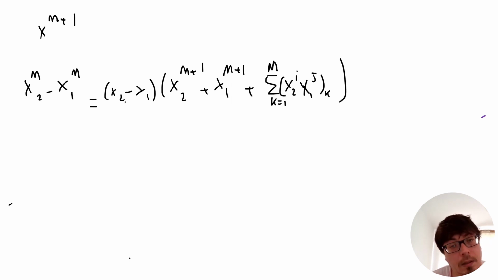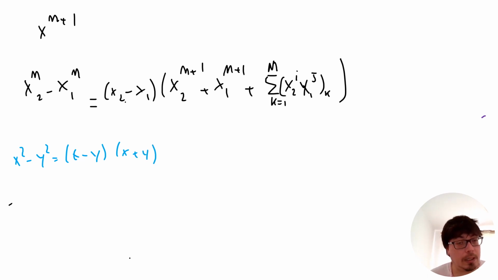Okay, so what does this sum symbol mean? We saw that this is the case for x squared, because there is x minus y, x plus y. So the 2 is here, and this is the same, this sum with fewer terms. So there are no multiplication terms.